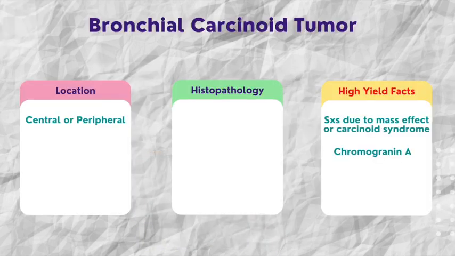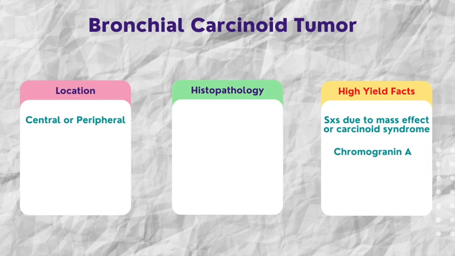The location of this may be central or peripheral. The high-yield facts that you need to know is that symptoms may be due to mass effect or carcinoid syndrome. And you might also see the marker chromogranin A. Don't worry, I'll be going through carcinoid syndrome and other high-yield complications of lung cancer pretty soon.